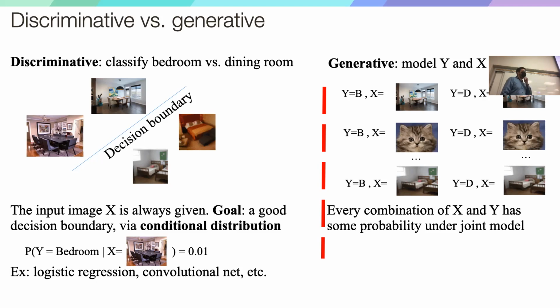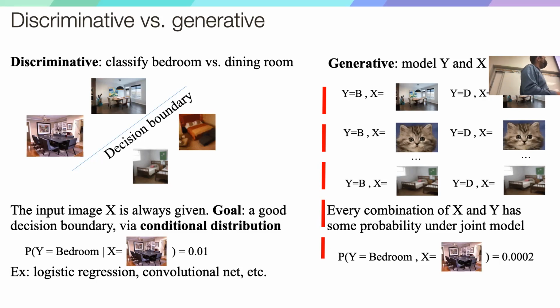So that's very important. You actually really model the combinations of probabilities for X and Y together, right? So every combination has a certain probability under that model. That could be either large or small. So for example, here, the joint probability that the image actually shows a dining room and the label is bedroom would be a very small value, 0.0001 or 2.